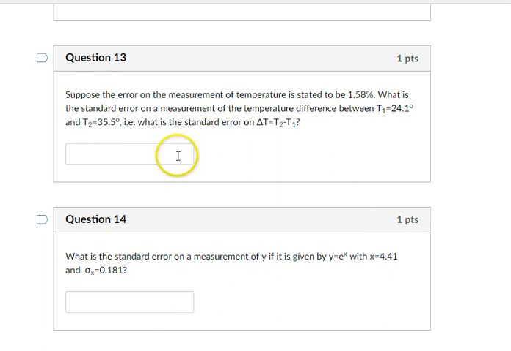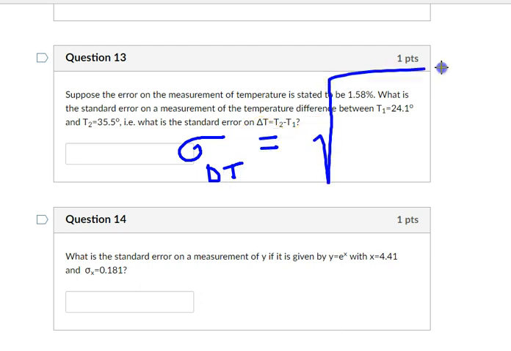Well, that means sigma delta T is going to be the square root of sigma T1 squared plus sigma T2 squared.